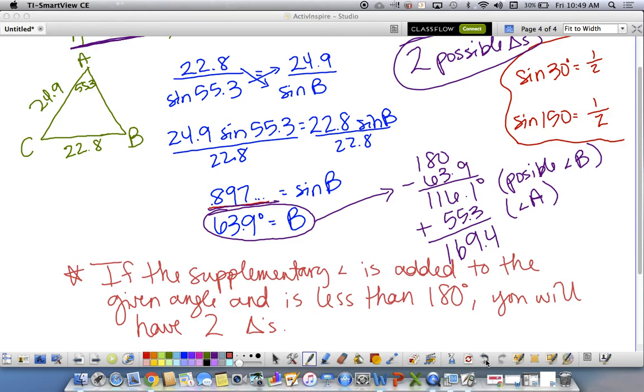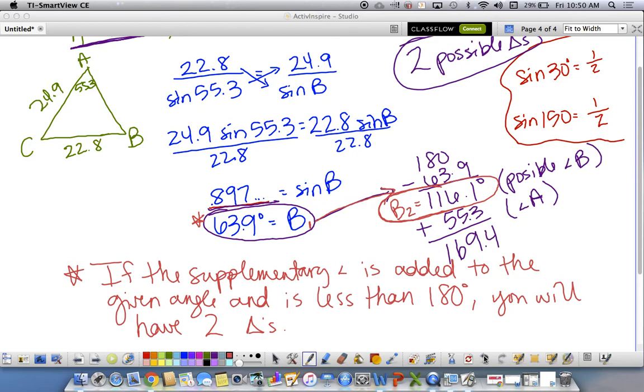So now that this has happened, I need to go back and label some stuff, because if I don't label it, it's going to get a little bit hectic. I'm going back to the first angle that we found, this B, and I'm going to label it B1. Then over here, the supplementary angle, I'm going to call B2.